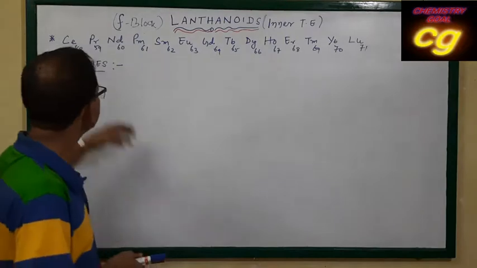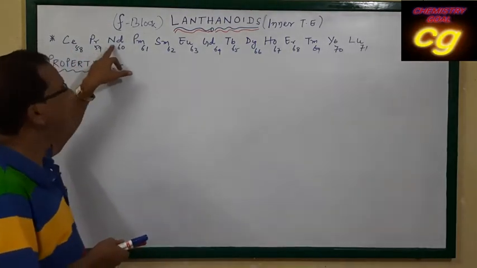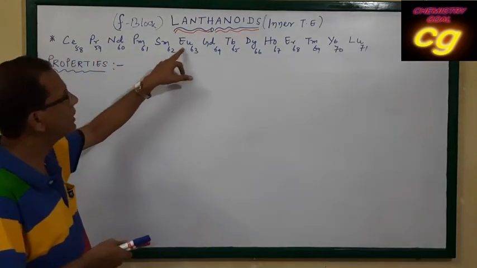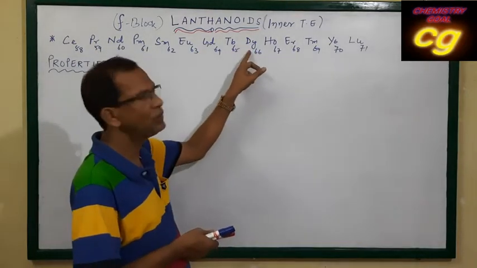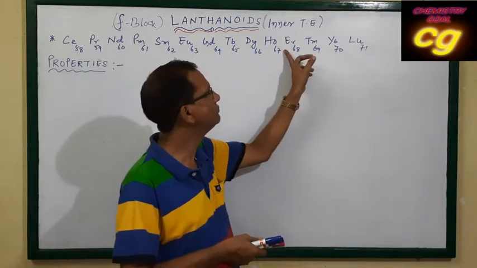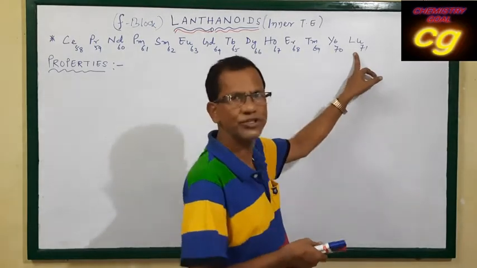The names are like this: cerium, praseodymium, neodymium, promethium, samarium, europium, gadolinium, terbium, dysprosium, holmium, erbium, thulium, then ytterbium, then lutetium.